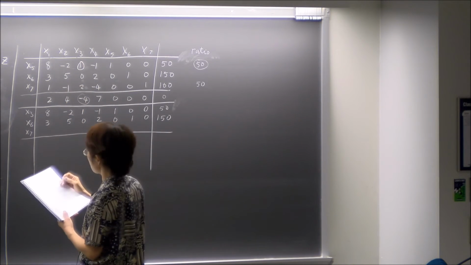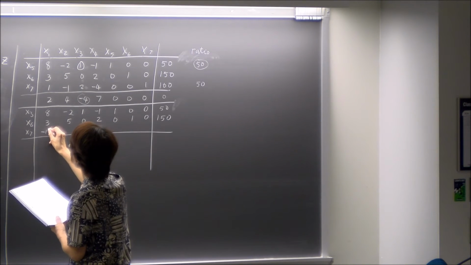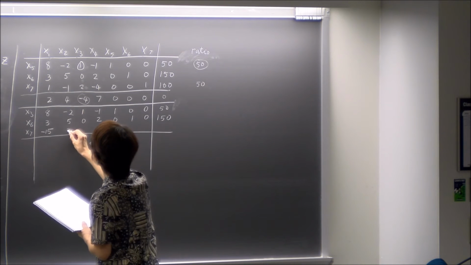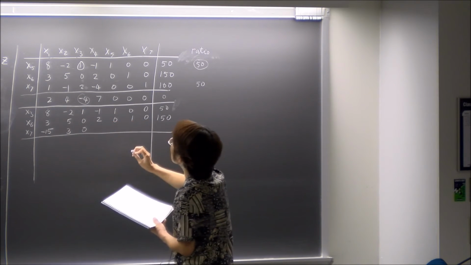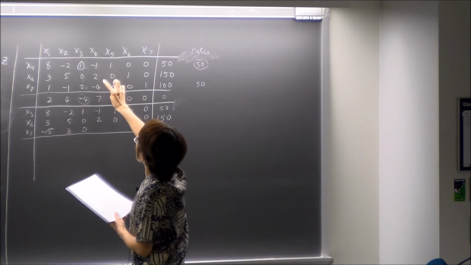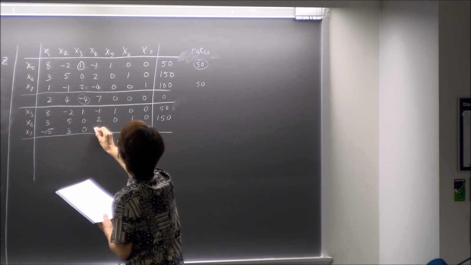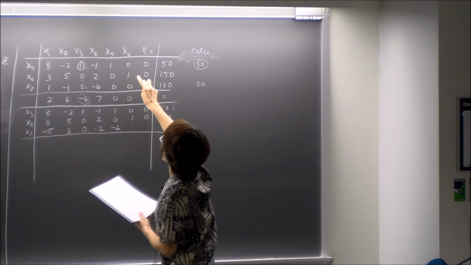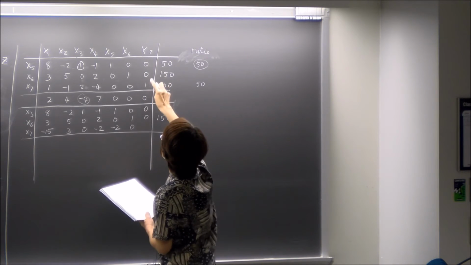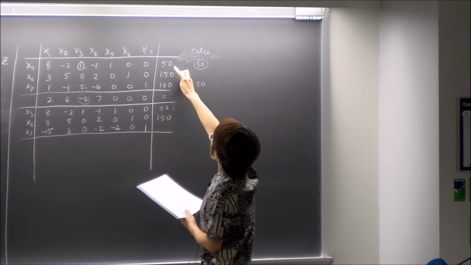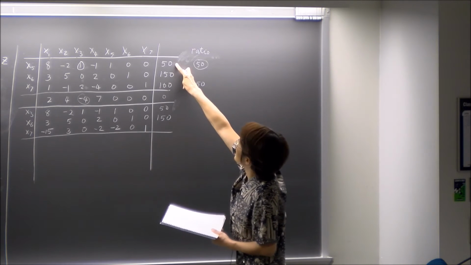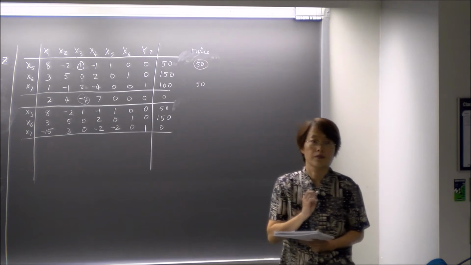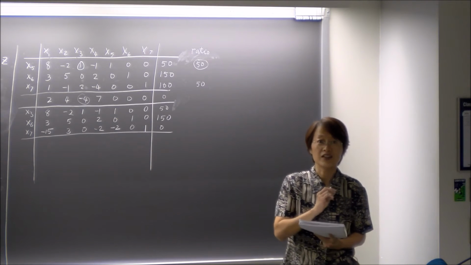I multiply by -2, -16, it gives me -15, and then that's 4, it's a 3, so it's a 0. This becomes 2, and I get -2, multiply by -2, that's 0, and that doesn't change. And I multiply this by -2, I get -100, add on top of 100, I get 0. Is that clear how I did that row?